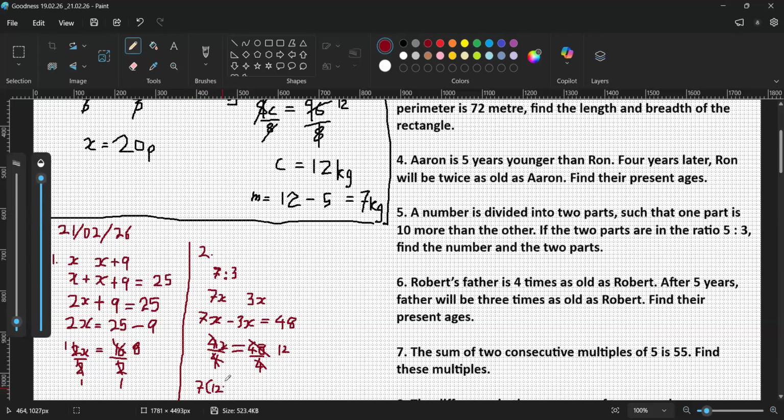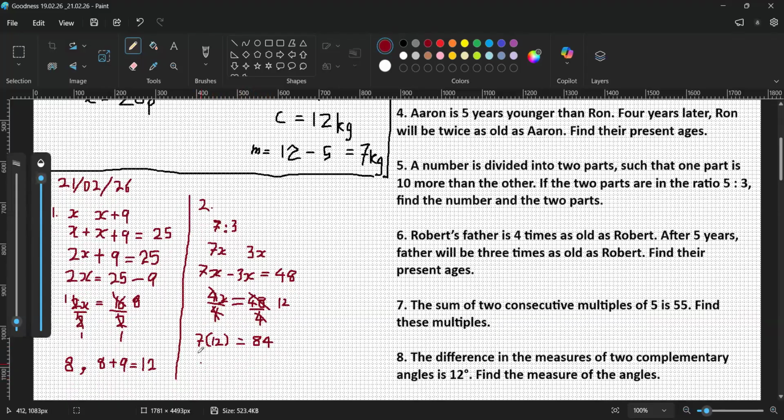And then 3 times 12 will give me what? 36. Correct. So that's it for that question. The two numbers are 84 and 36. So we can now go straight to the next number.